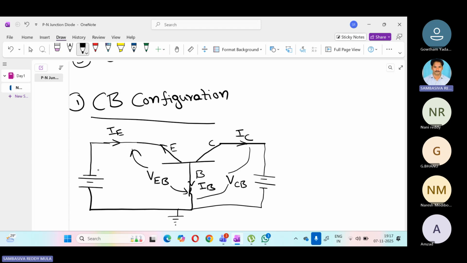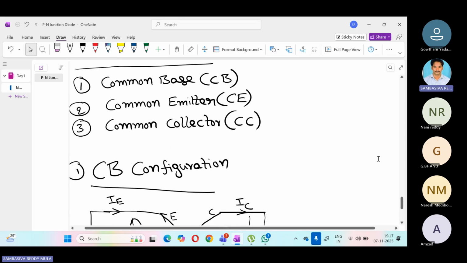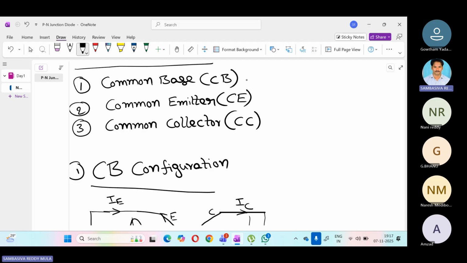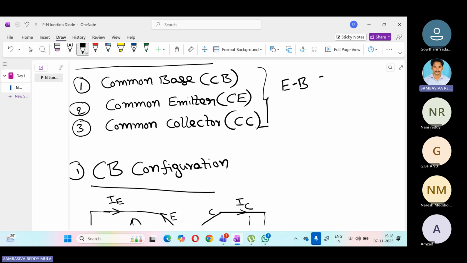So how have we connected this battery or the external DC voltage? Always remember in the BJT, bipolar junction transistor, in all the 3 configurations, whatever the configuration, emitter to base should be forward biased.